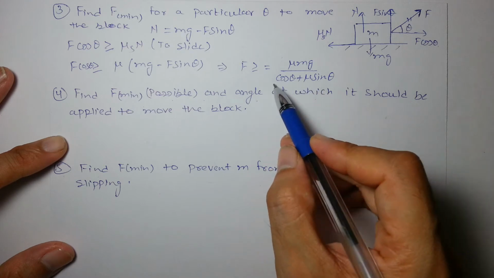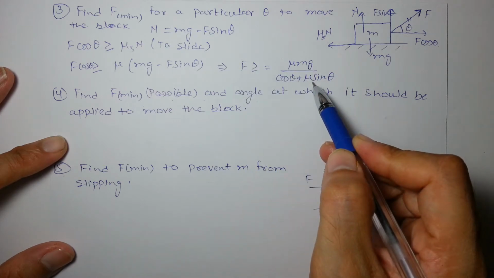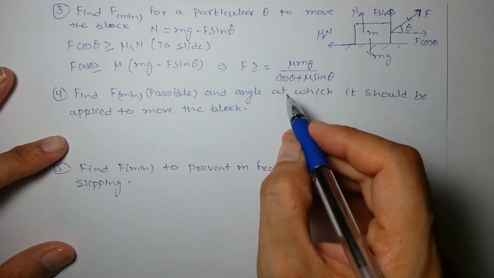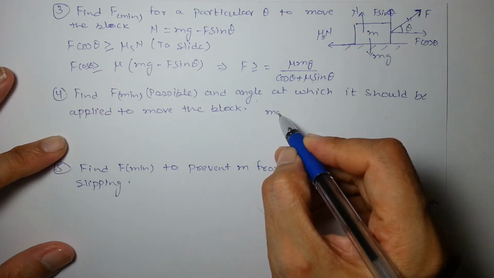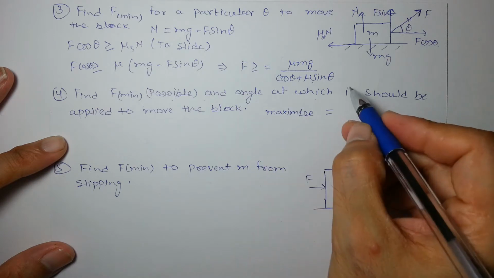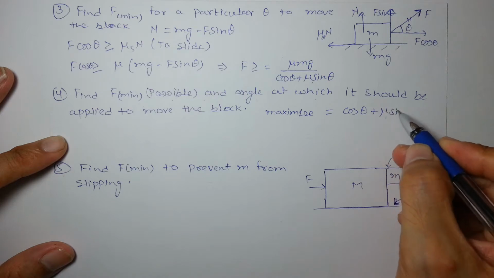So again, at any particular theta, the force will be this. To minimize this force, maximize what? This part, cos theta plus mu sin theta.